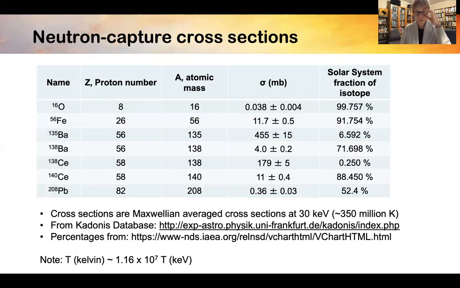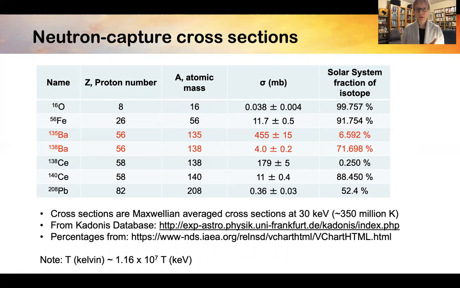This is a table that shows isotope number, the number of protons, the atomic mass, the sigma cross-section in millibarns, and the solar system fraction of that isotope. I've taken this data from a whole lot of different places, but let's just focus on barium for the purposes of this exercise.